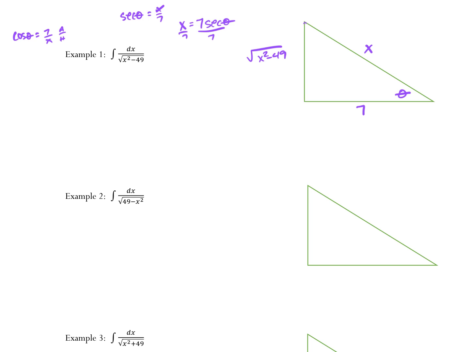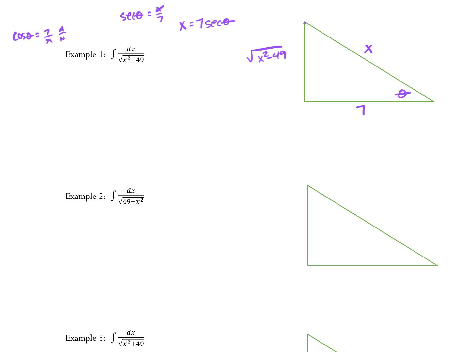Now, if x is equal to 7 secant theta, and we're going to be substituting in, if we substitute theta in, do we want a dx or a d theta?